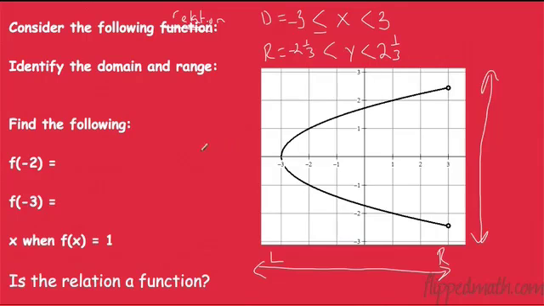Okay? All right, so now, look at this. We have some function notation, right? F of negative 2. So we know that f of negative 2 means x is negative 2. So let's look here. X is negative 2 right here. What are my possible values of y?